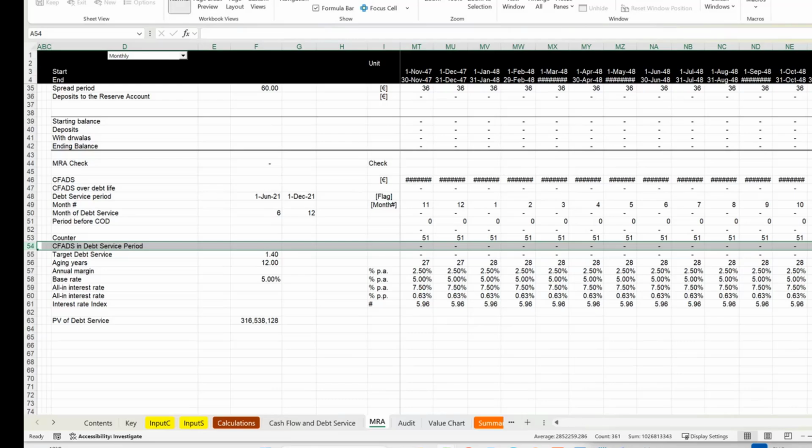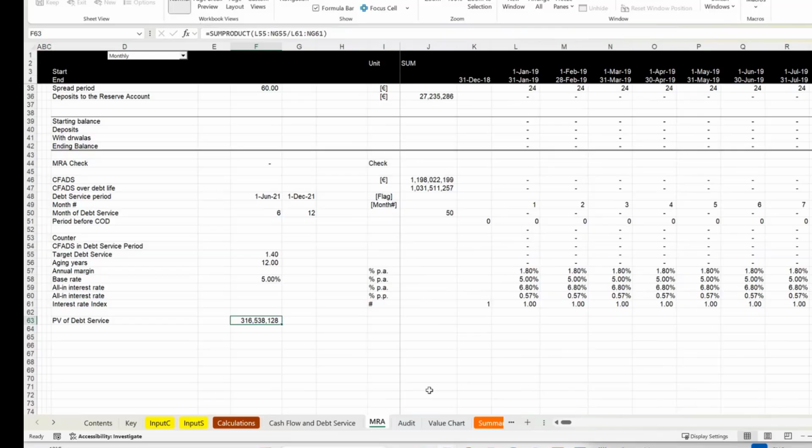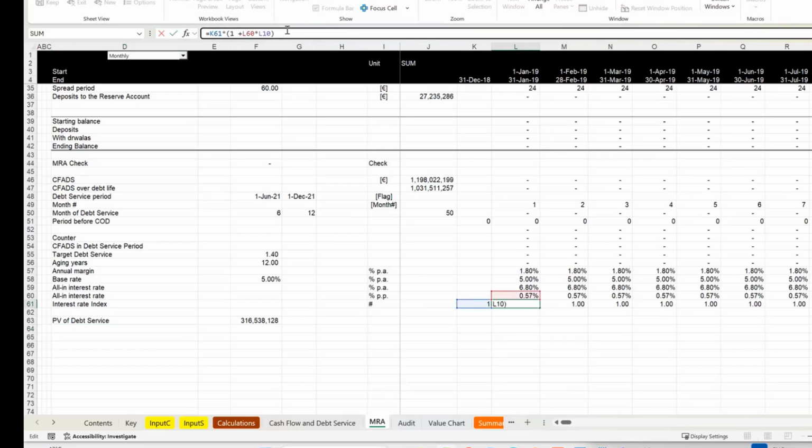Let's see if it works now. Okay. Now, let's go down. Haven't we incremented the index by only a month's worth of interest? I think we've added it.